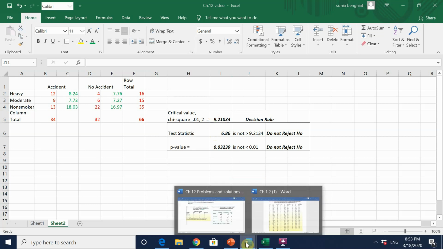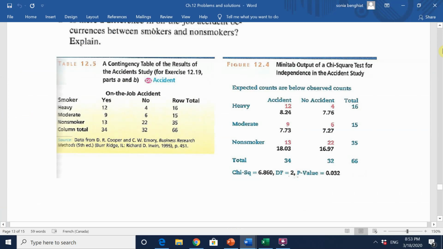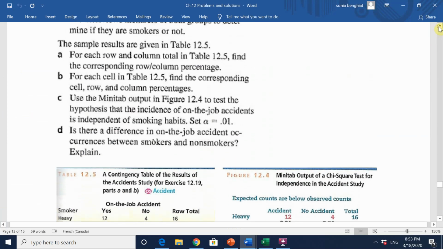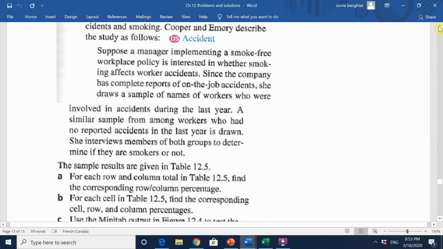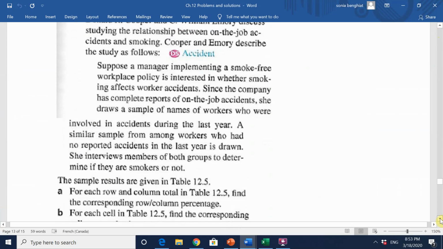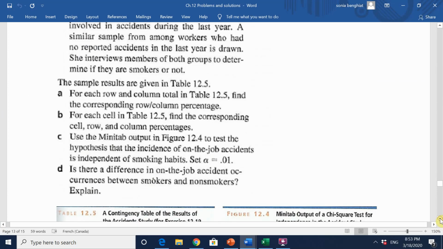Now, if I go to the problem over here, it's asking me to test whether the two variables in question are independent or not. And this should be tested at a level of significance that is specified to be 0.01.